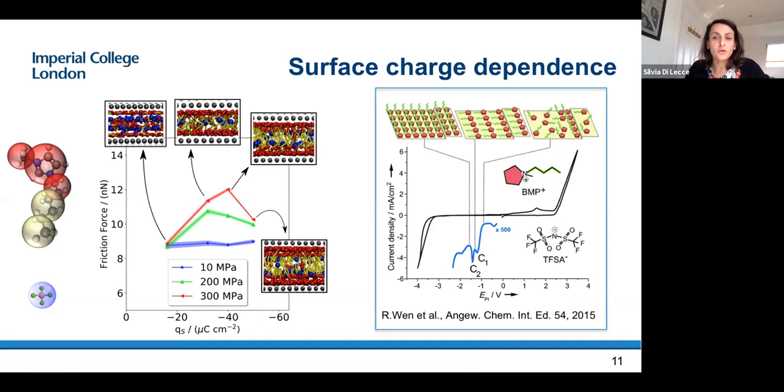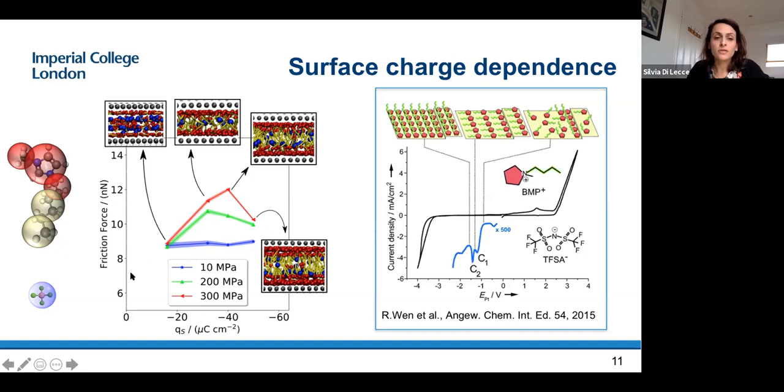This is something which was observed already in experiments. In these experiments, for example, they were increasing the electrostatic potential and they were seeing exactly this: the reorientation of the cation, which for higher potential was lying perpendicular to the wall.